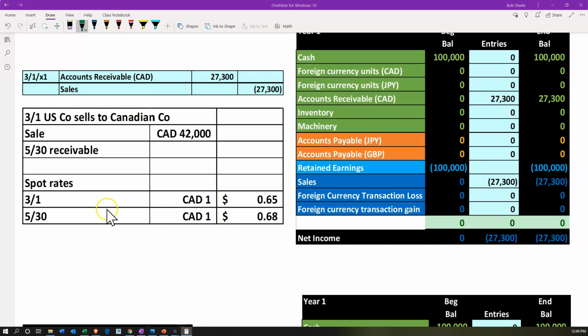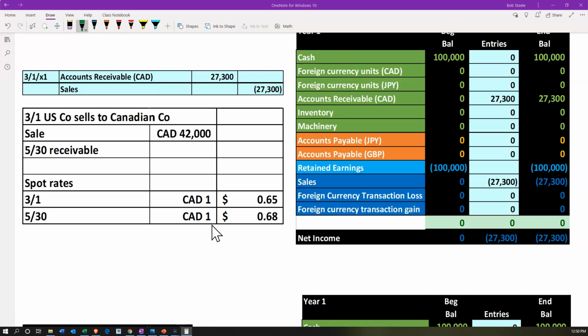So here, if we think about this, we're going to say, all right, on 3/1, we had 1 Canadian dollar was equivalent to 0.65 US dollars. And then on 5/30, we had 1 Canadian dollar now worth 0.68 US dollars. So 1 Canadian dollar now is equivalent to more US dollars, or more fractions of a US dollar. That means the Canadian dollar got stronger with relation to the US dollar, or you can phrase it as the US dollar got weaker.